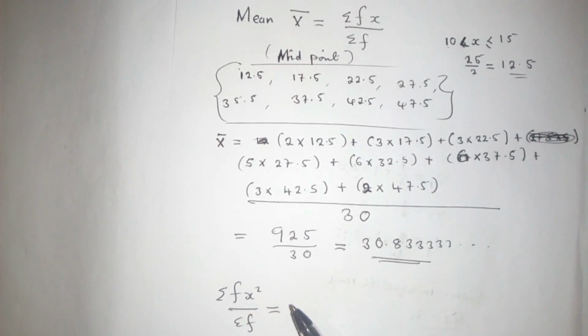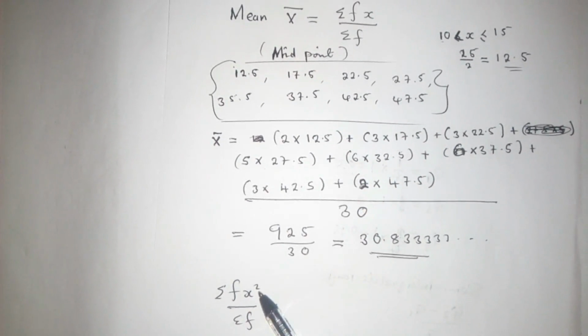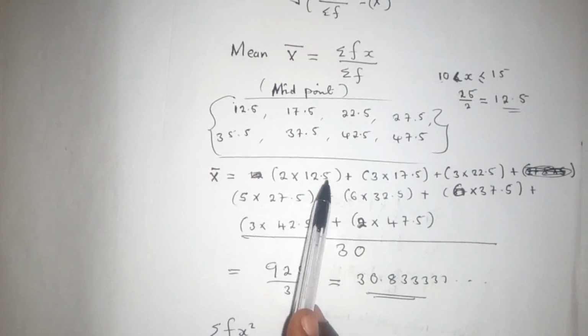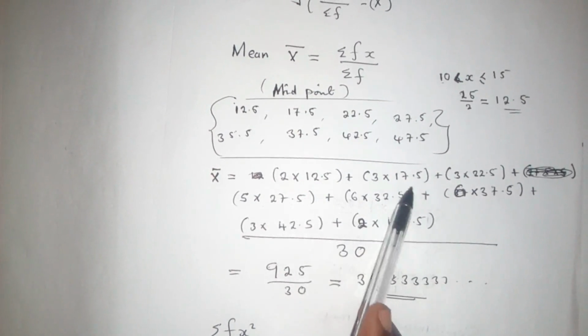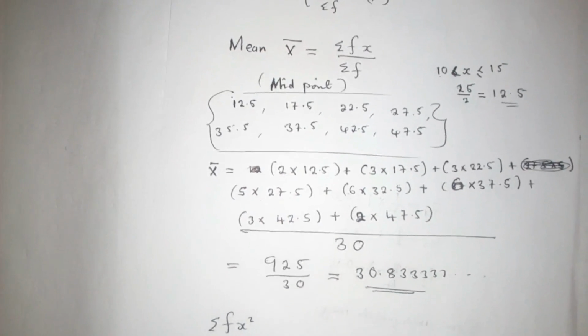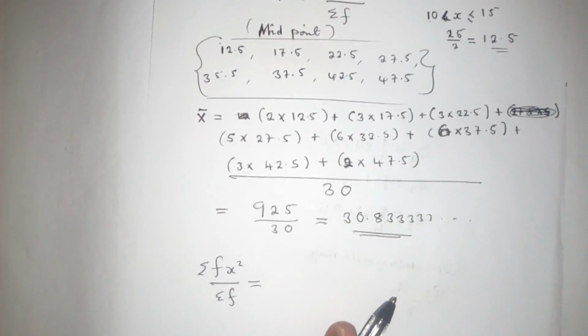The only difference is that there is a power 2 here on the midpoint. Here there is no power 2. So the midpoints which are here, you need to square them. So it will look like this.